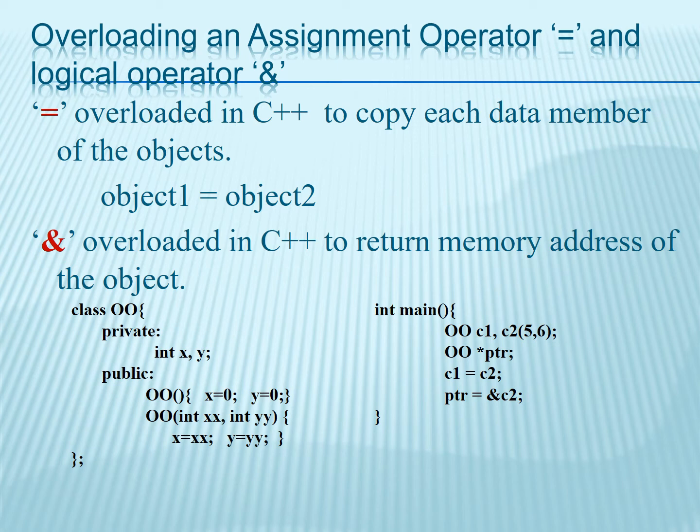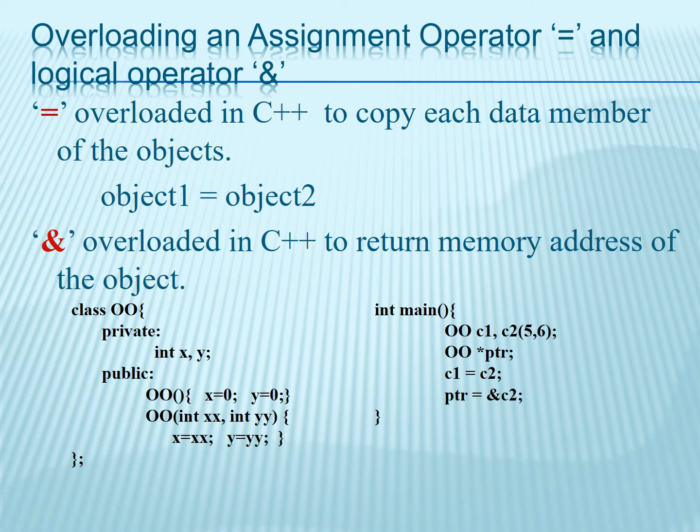The assignment statement C1 equals C2 assigns the value of C2x, that is 5, to C1x as 5, and the value of C2y, which is 6, is assigned to C1y.